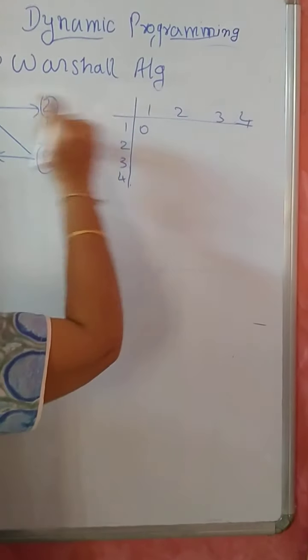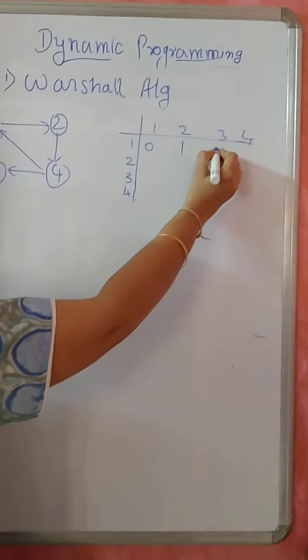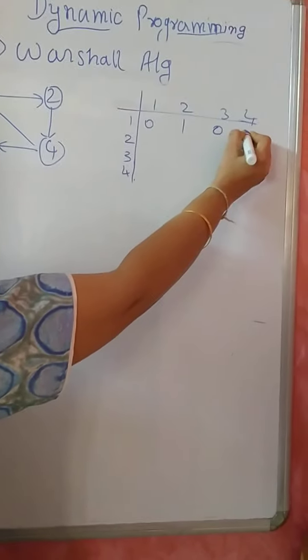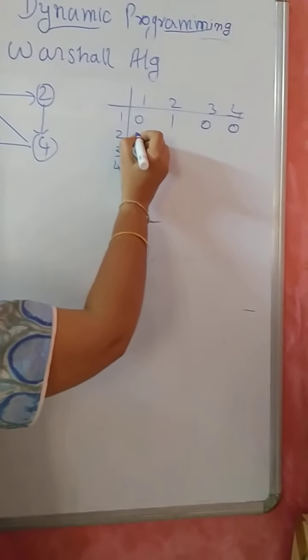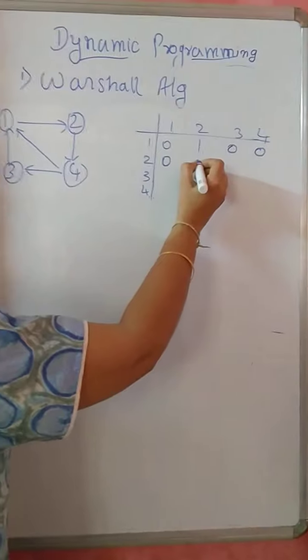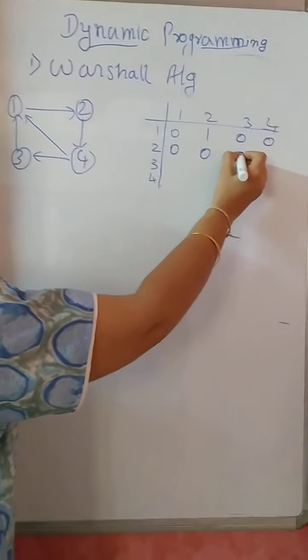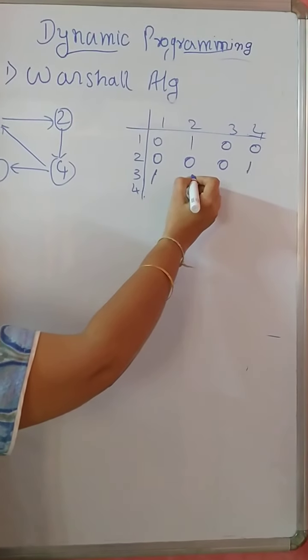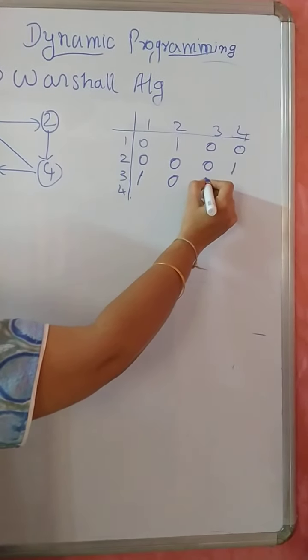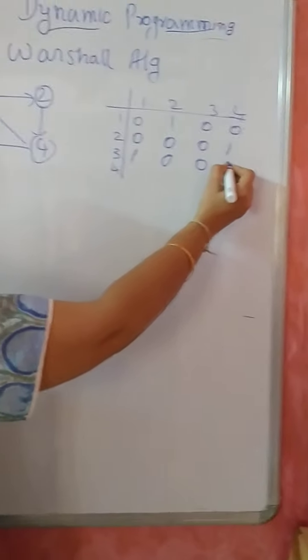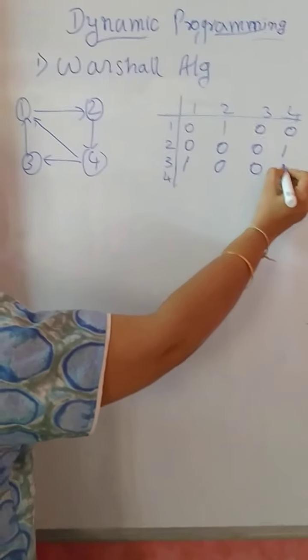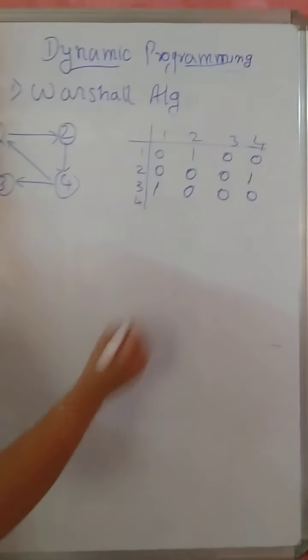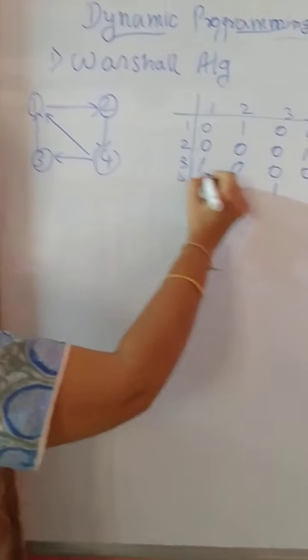So 1 to 2 path is there, 1 to 3 no path, 1 to 4 no path, and 2 to 1 no path, 2 to 2 0, 2 to 3 no path, 2 to 4 1, 3 to 1 path is there, 3 to 2 no path, 3 to 3 0 diagonal element, 3 to 4 no path, and 4 only to 3 path is there and to 1 path is there, remaining 2 are 0. So this is the adjacency matrix that you have written.